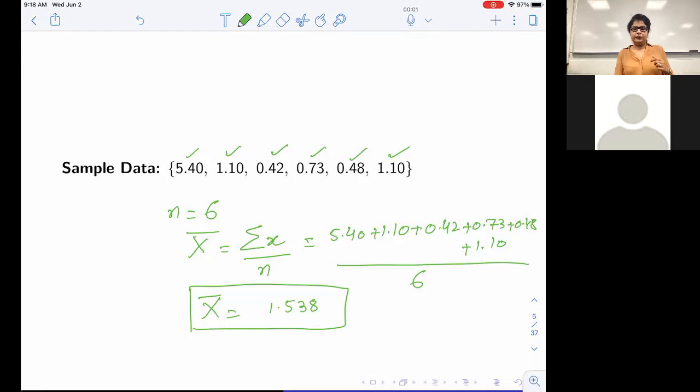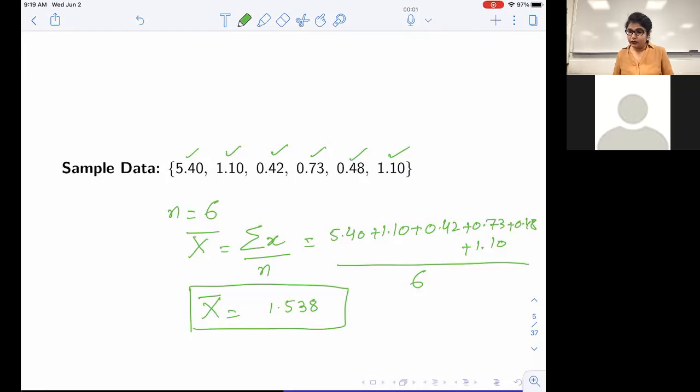Here, one thing is very important for you to know. In statistics, we always round the values. You always find some values and you see in your calculator these decimal places, like in this case 1.53833 something, and so on. So this is very important.